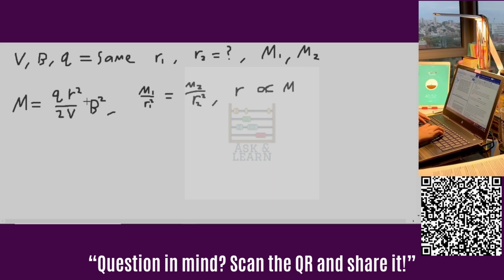So now we can rewrite this equation, moving this R over. We have the mass divided by radius squared is equal to Q over 2VB, and this is squared, of course.